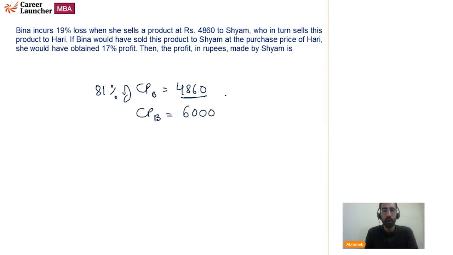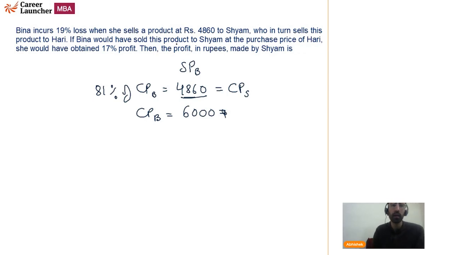Sham has bought this for 4,860. Yeah, this was the cost to Sham, right? This is the selling price for Bina, 4,860, which becomes the cost price for Sham. Now, Sham sells this to Hari.